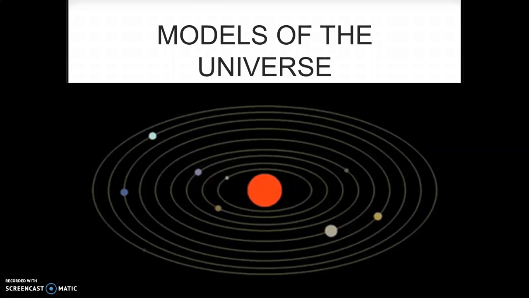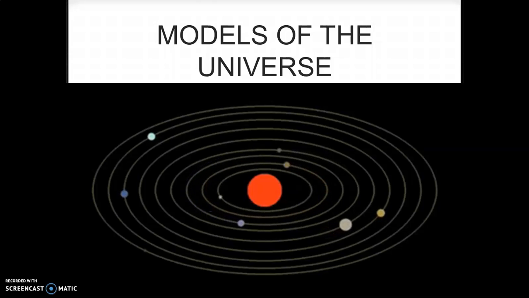Claudius Ptolemy stated the geocentric model to represent that the Earth was the center of the solar system, while Nicholas Copernicus described that the Sun was the center of the universe, and that model is what we call the heliocentric model.